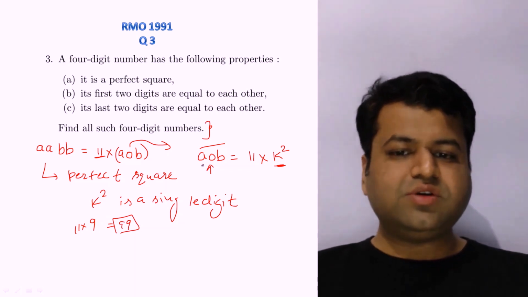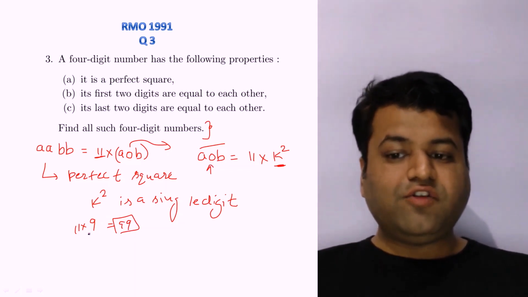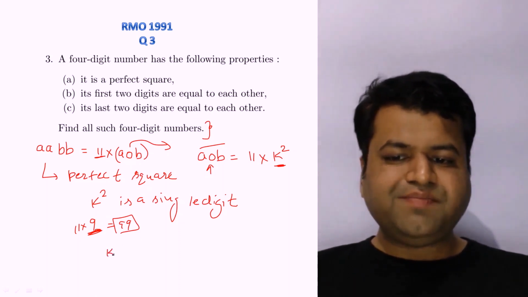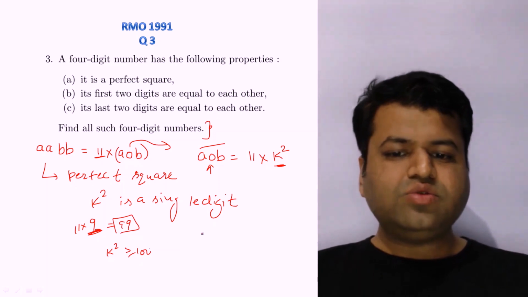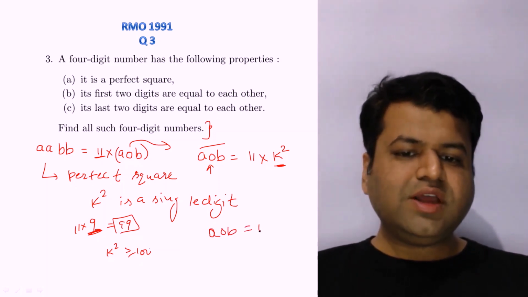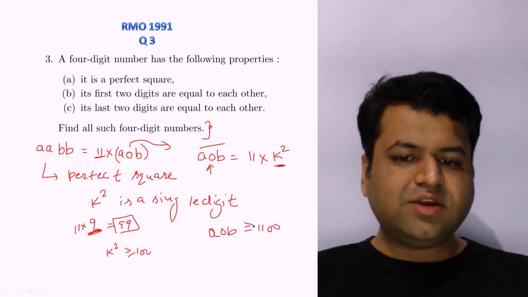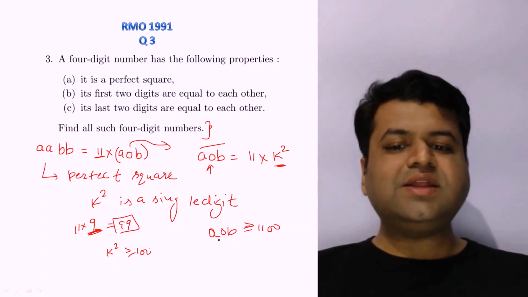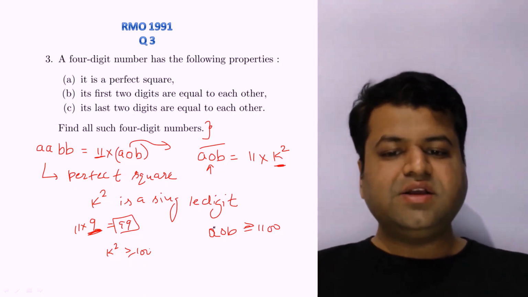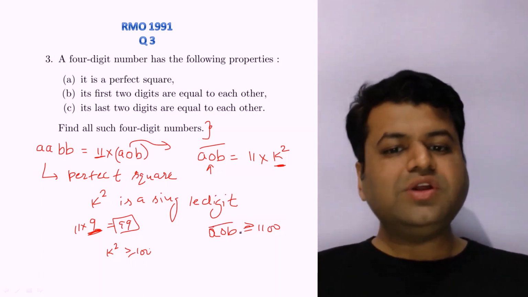So A0B is not possible for a single-digit perfect square. Now if we take k square to be greater than or equal to 100, it will simply give us A0B greater than or equal to 1100. Again, that is not possible because A0B is a 3-digit number, so it cannot be greater than or equal to 1100.